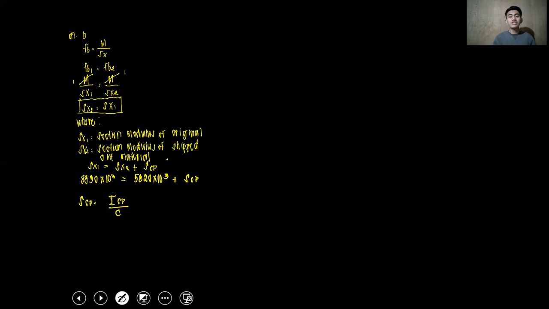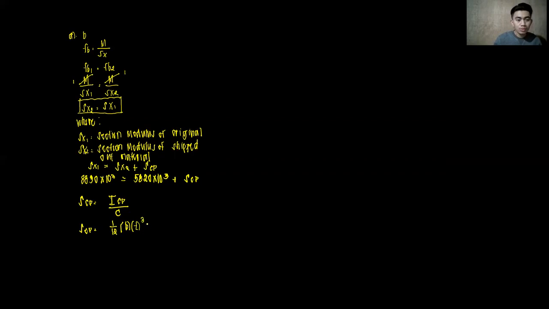That is moment of inertia divided by Y max, or C. So SCP is equal to 1 over 12 base times thickness. Do we know the thickness of our cover plates? The thickness is also unknown, so let us put T.